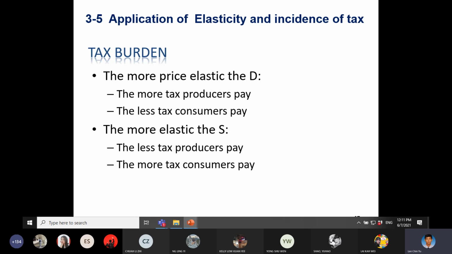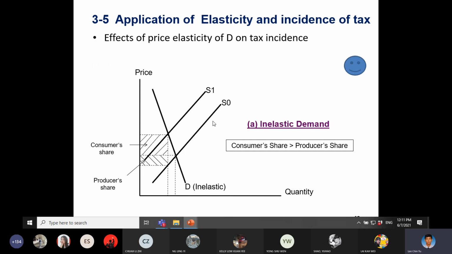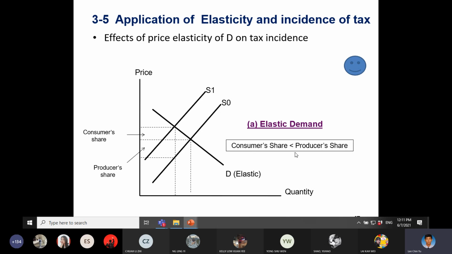So what if for demand and supply we just draw the normal one? Normal means upward sloping for the supply and downward sloping for the demand. We don't draw too steep or too flat. Then the share of the tax for the consumer and the producer will be the same. It's possible, because over here we only studied consumer pays more, then producer pays more.